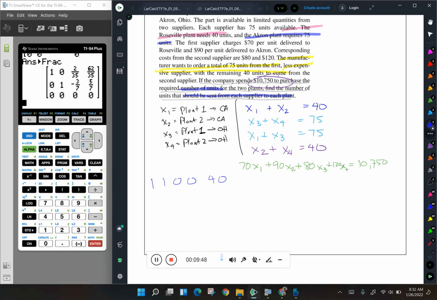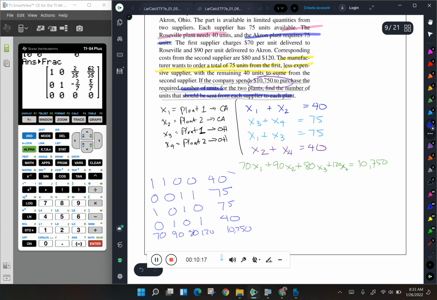The second equation is 0, 0, 1, 1, 75. 1, 0, 1, 0, 75, 0, 1, 0, 1, 40, and then 70, 90, 80, 120, 10,750.